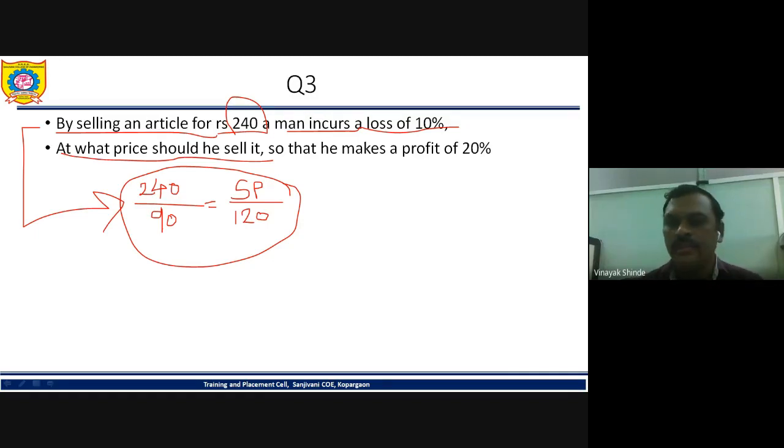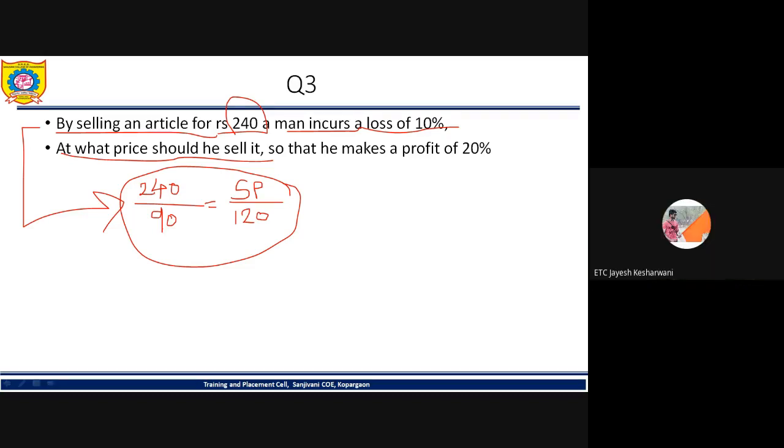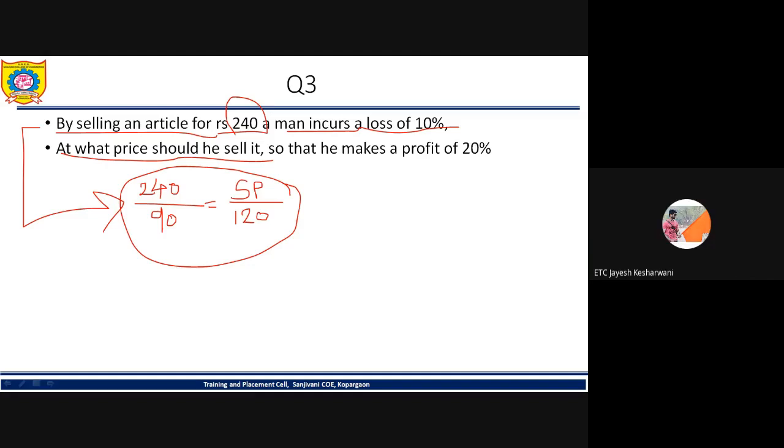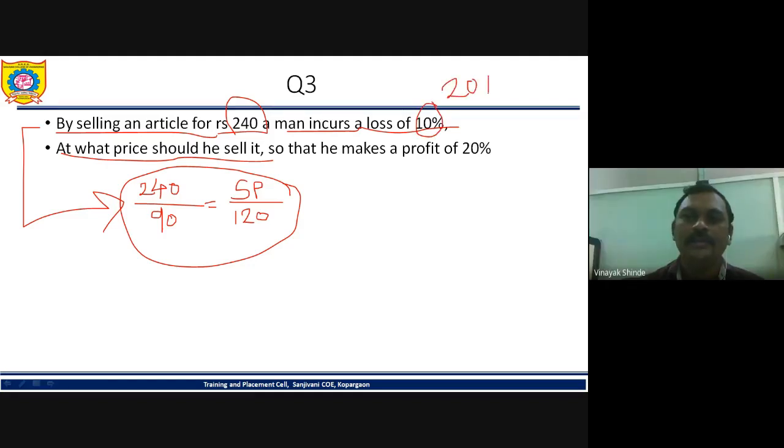At the beginning, I'm going very slowly. If you understand the basic, then easily you can solve any problem, right? So here, Jayesh Kesharwani, are you there? Yes, sir. Have you understood the question? Yes, sir. So Jayesh, if there is a loss of 20%, let's say, instead of 10%, then what will be the equation?